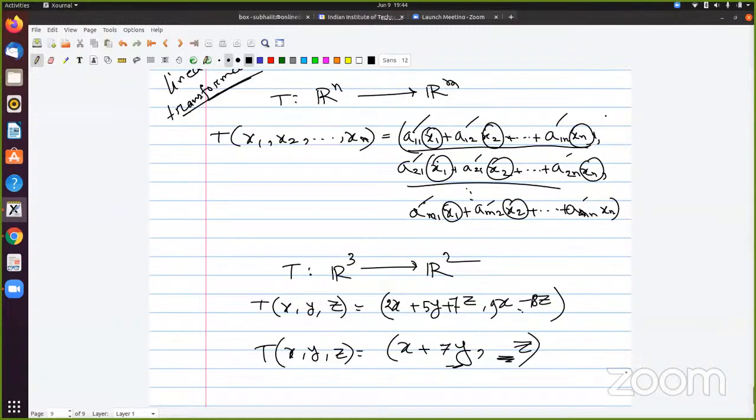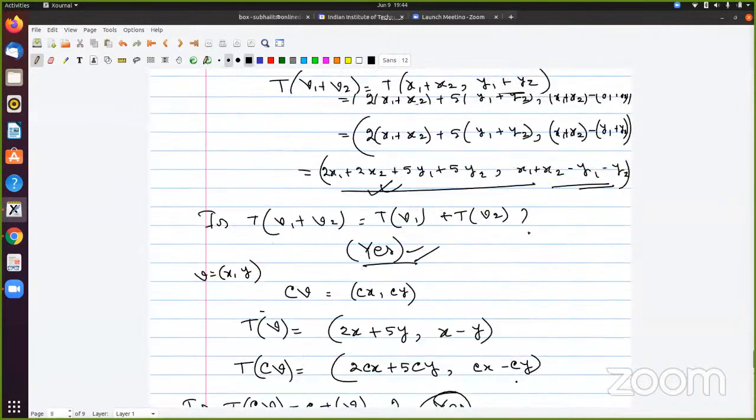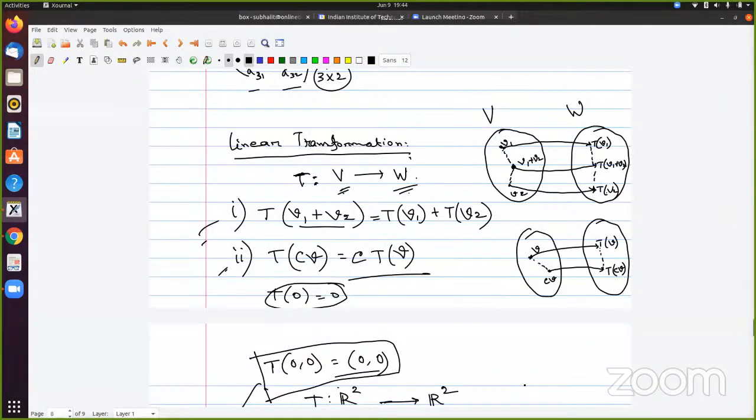Clear? Hello, sir. Yeah. Can you tell me? You have said that first of all we need to check T(0) equals 0. Can you tell me the logic behind this? I am saying if T is a linear transformation, then these two properties have to be satisfied, right? Yes. Now if these two properties are satisfied, then 0 must go to 0.